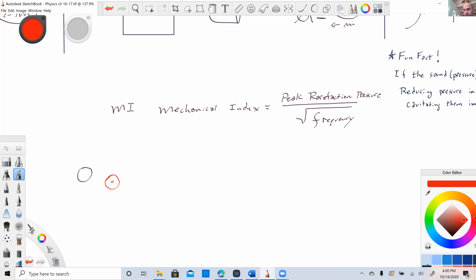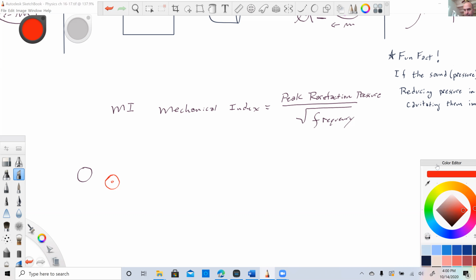If microbubbles were this big, they wouldn't make it through capillaries and they would cause a stroke. You know, you don't want to be causing strokes. So microbubbles have to be small. But it just so happens that the best microbubbles are the size of red blood cells. So it all works out.